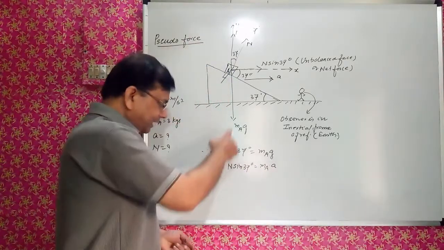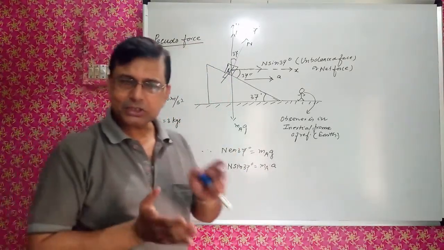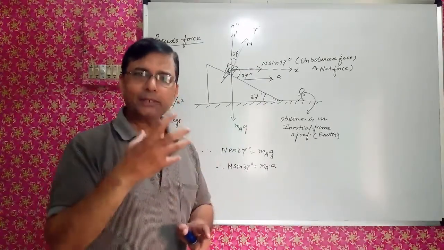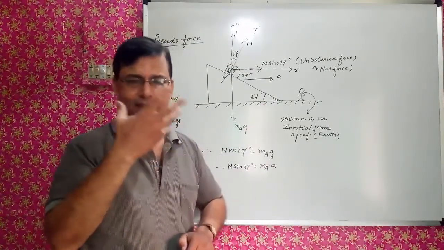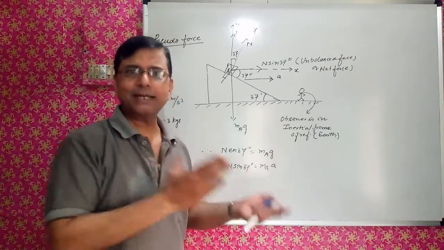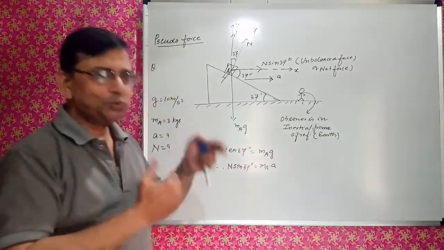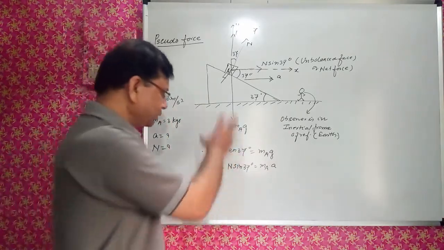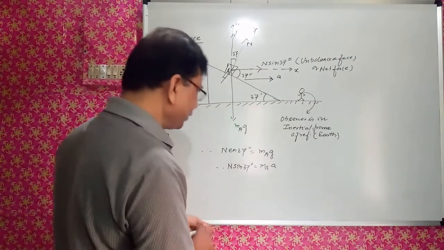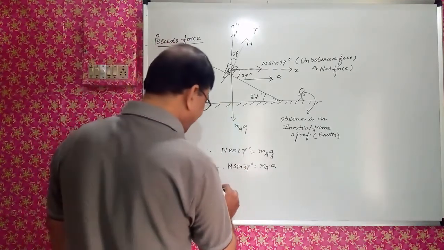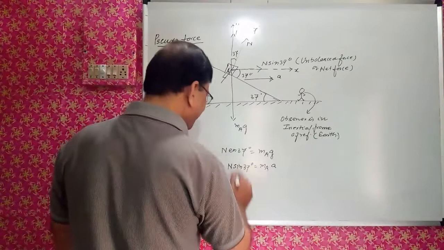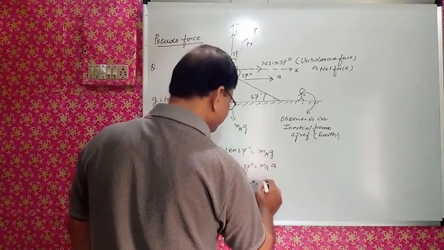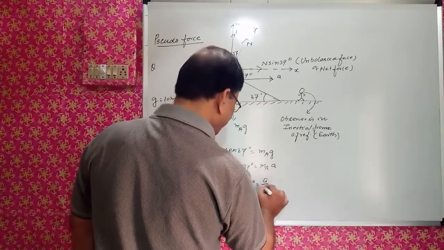You see, the results are the same. The equations formed are the same, but the concept is different. I am concerned with the concept because the result has to come the same as in the previous case, but the concept used is altogether different. That I want to make you understand. So this is the relation we got, the same relation. This divided by this, again tan 37 degrees is equal to a by g.